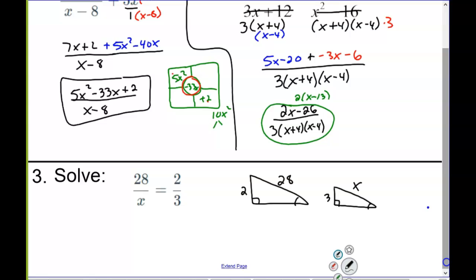Remember when we set up the hypotenuse of one triangle compared to the hypotenuse of another? And then we had the short leg compared to the short leg, and we set up a proportion. Well, today, we're not doing the geometry side, we're just giving you the proportion. How do you solve that? What method would you use for solving?